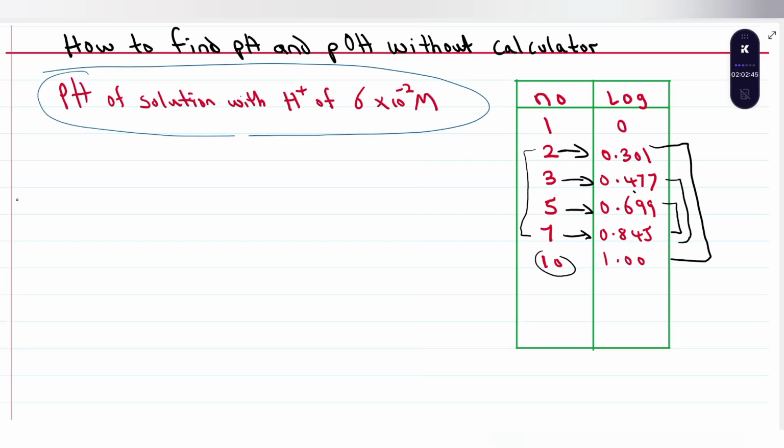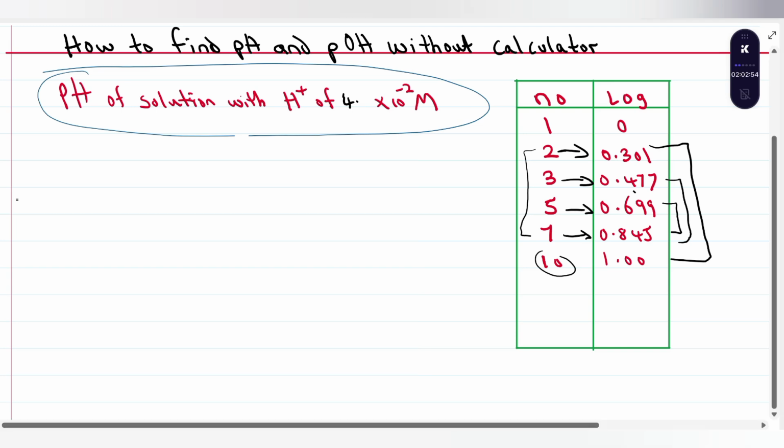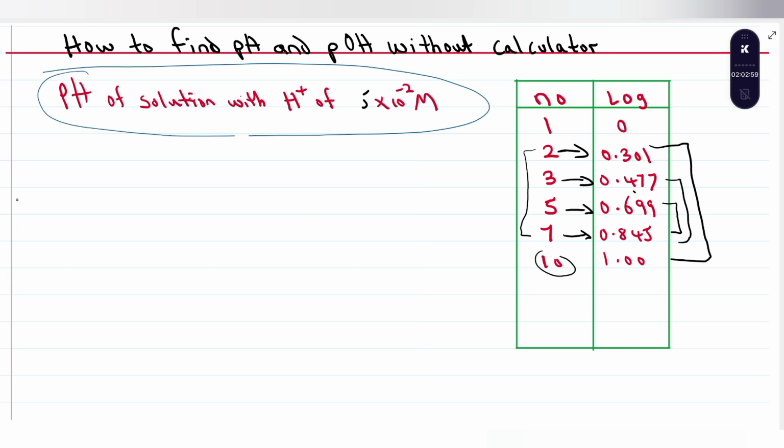So when you have complex questions, probably instead of just having 6 here, you have something like 4.5 times 10 to the power minus 2, and you have to find the pH of the solution. To solve this question is still very, very simple using the method I taught you guys just now.